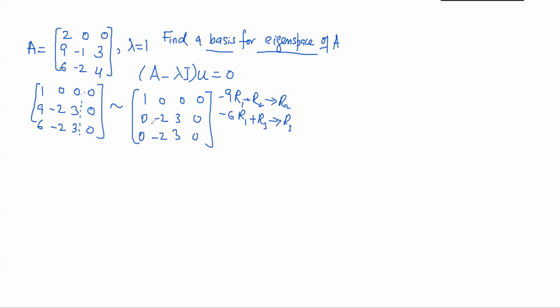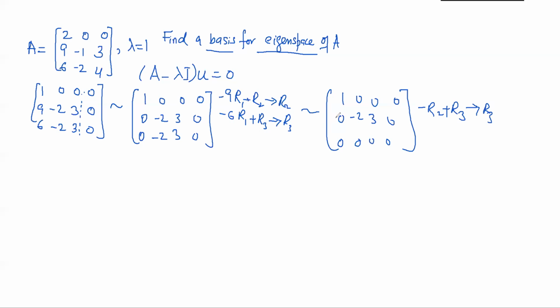And then from the second and third rows, what you will get is 1, 0, 0, 0, and then 0, minus 2, 3, and then 0, 0, 0, 0 over here, because we did minus R2 plus R3, that is R3. So the third row is all 0. Now this was U1, this is U2, this is U3.